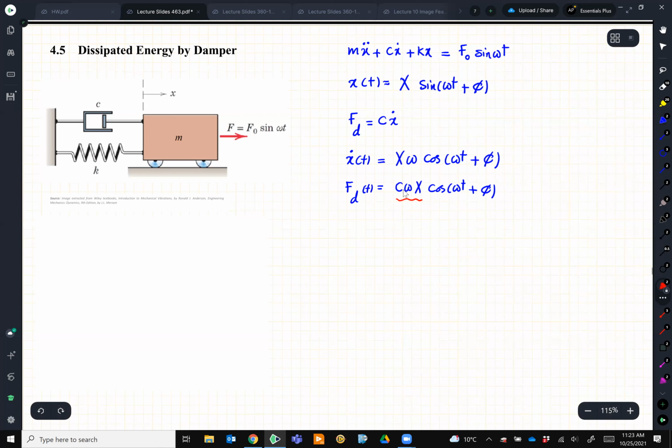But also I'm interested to see how much energy this thing is wasting. So let's write down energy dissipated or wasted by damper.